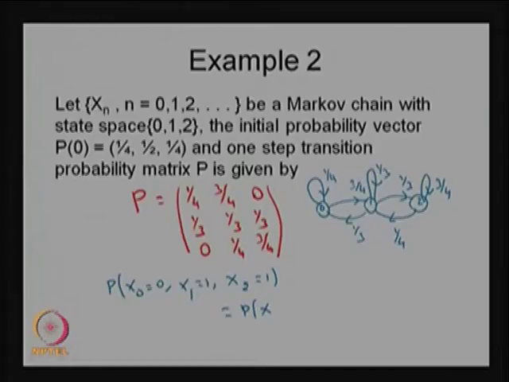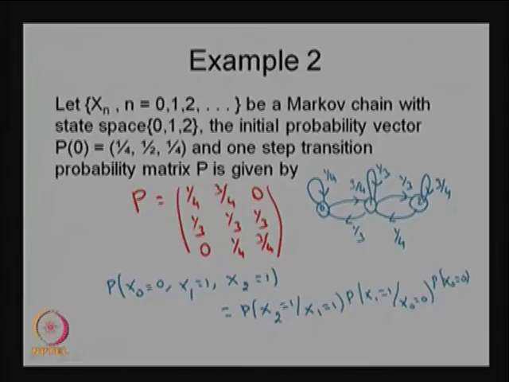By using the Markov property, you reduce it into another conditional distribution. So, this is same as, what is the probability that X 2 is equal to 1 given that X 1 is equal to 1, multiplied by the probability that X 1 is equal to 1 given that X naught is equal to 0, and the probability of X naught is equal to 0.